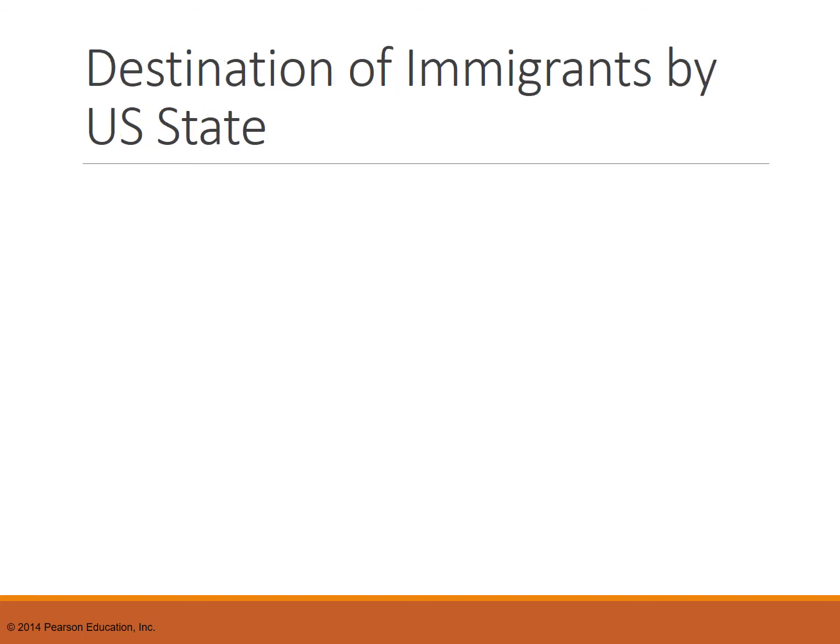This is where people are going. Destinations of immigrants by U.S. state. When we look at this, we may want to think about where people are coming from, and that should help us understand. We have a lot of people going to California, a lot of people going to Texas, and a lot of people going to Florida, among other places.